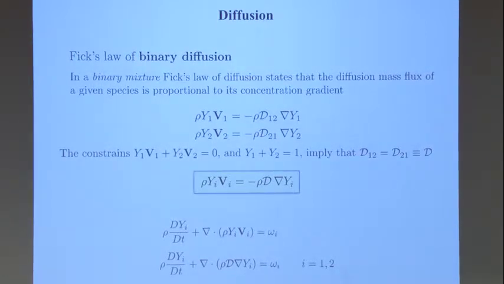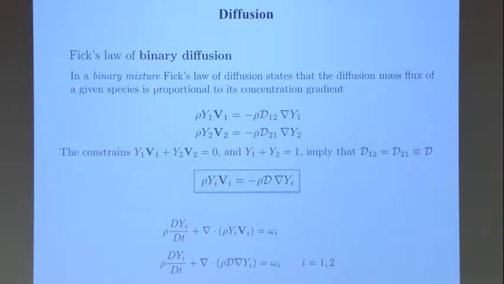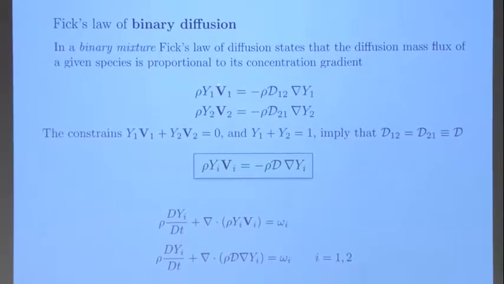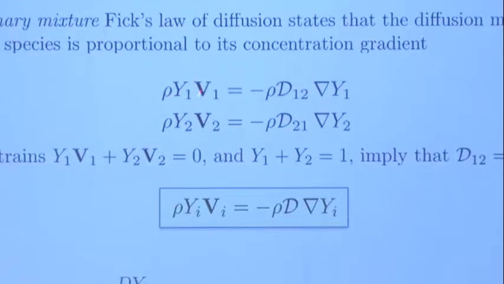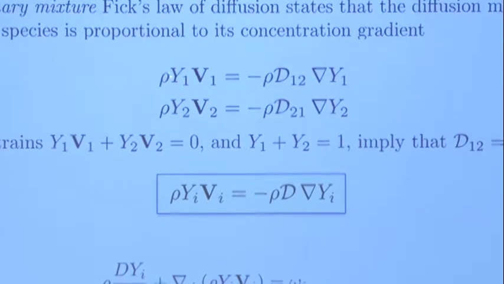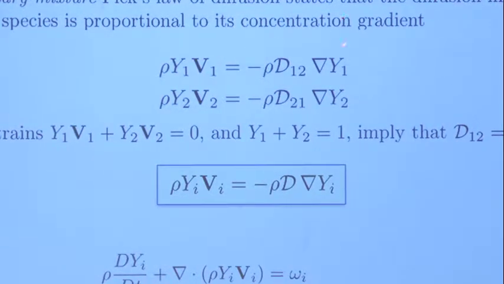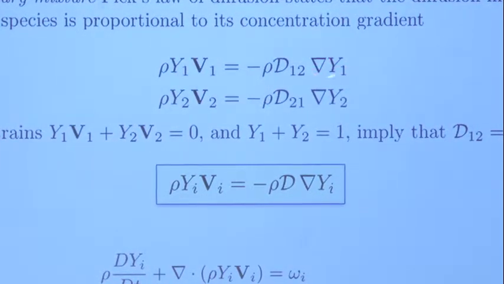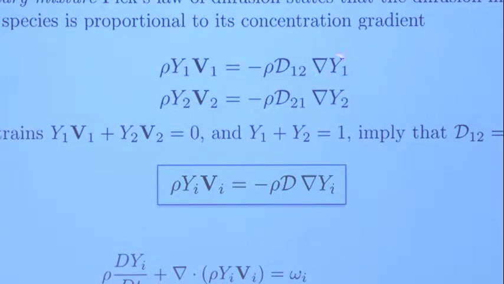Assuming that we have only two species, the law by Fick states that the flux, rho y1 v1, of species 1 depends on the gradient of the mass fraction of 1, which is gradient y1, with a coefficient which is material dependent, very similar to the Fourier law of heat conduction. Again, the negative sign is because it goes from high concentration to low concentration.